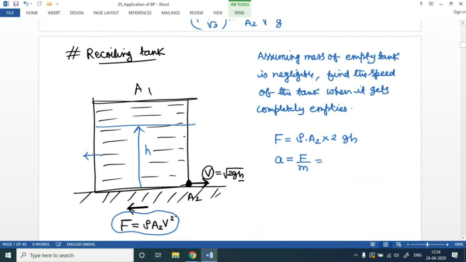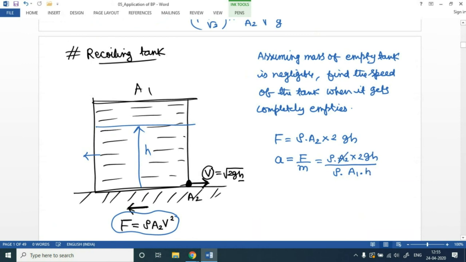So whatever mass we are looking at is the mass of liquid present in the container at that instant. Force is rho A2 into 2gh, and the mass would be density of the liquid times volume of the liquid. The volume of the liquid would be the cross sectional area of the container, that is A1, times the instantaneous height h.